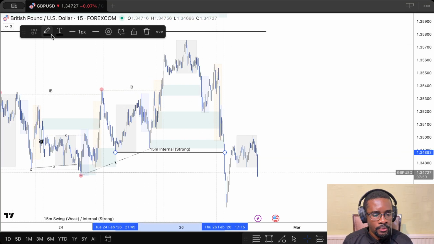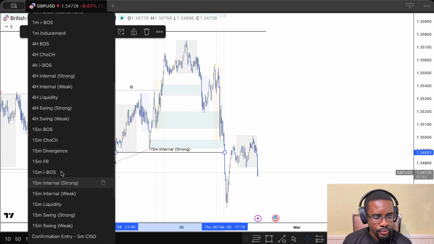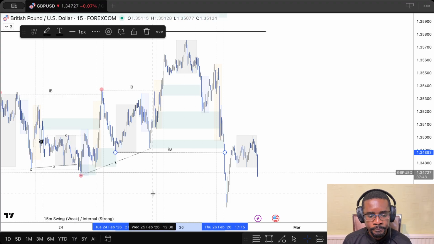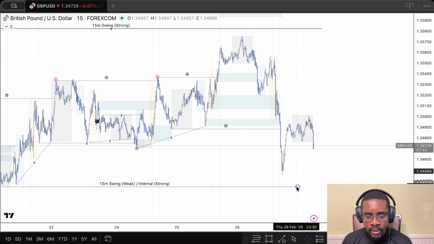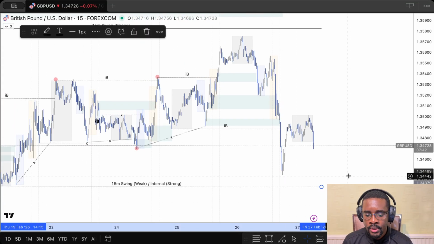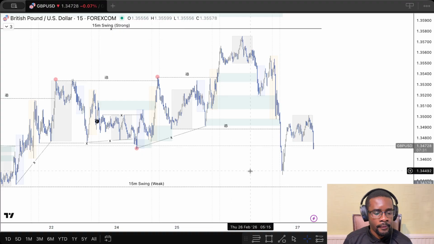Our internal has shifted bearish, fully shifted bearish over 15 minutes. And then we have our weak swing down there.